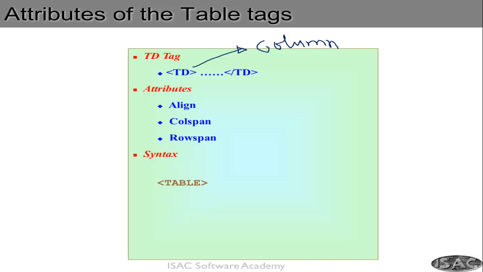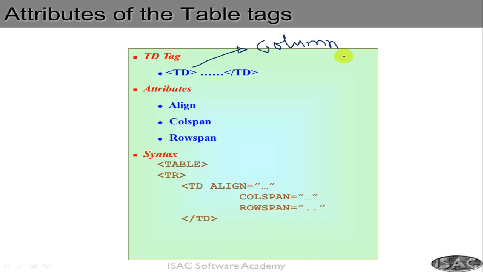So let me just show you the syntax. TR, TD. The way it will look is that first I created a table. So first you create a table, and then inside I created a row. Inside that I created a column. Okay. If I want another column, I can put TD here again and /TD to close.